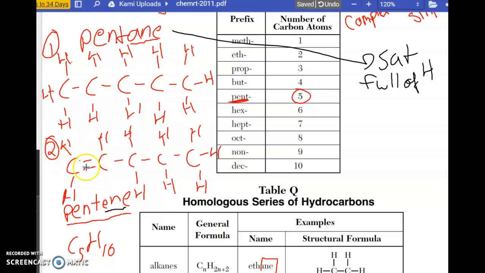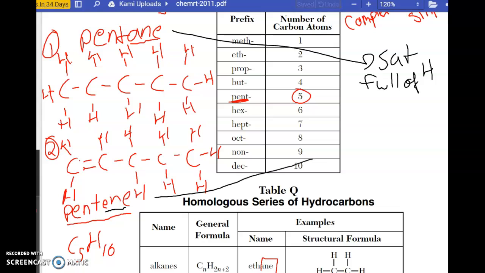You could have more hydrogens. If this double bond wasn't here, then you would have another bond here and another bond here, and they would both be to hydrogens. So it's not saturated, it's not full of hydrogens. It's considered to be unsaturated.